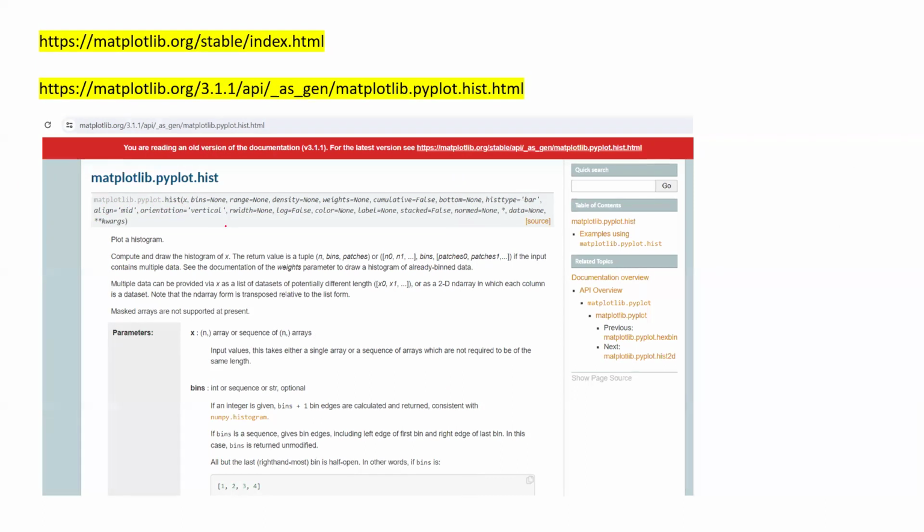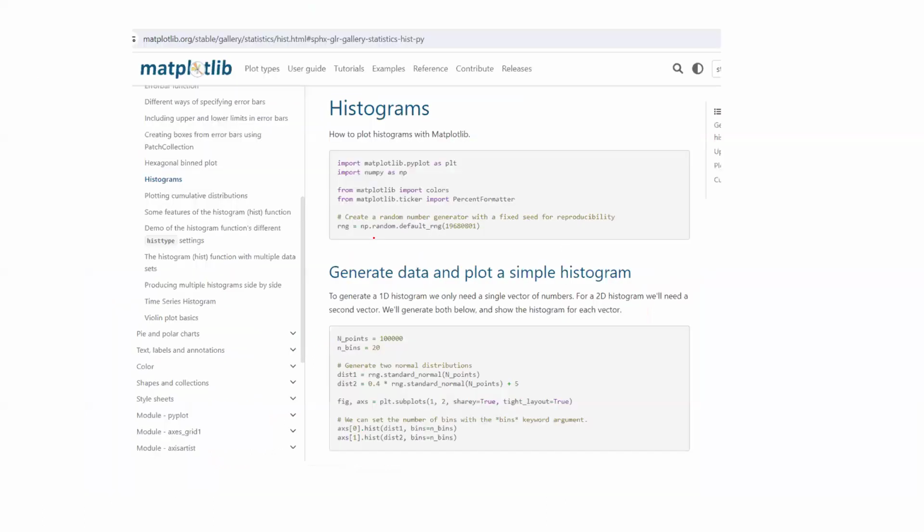We're not going to use all of these, but it's good practice to take a look at the syntax of histogram and feel more comfortable about each one of these arguments. You can find some examples on the web page, a sample code that helps you generate data and plot a simple histogram.